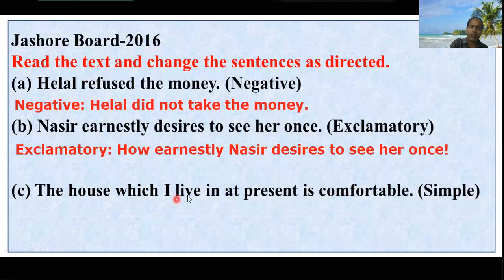Dear students, if you find this structure in a complex sentence while changing into simple, you have to use adjective plus noun.